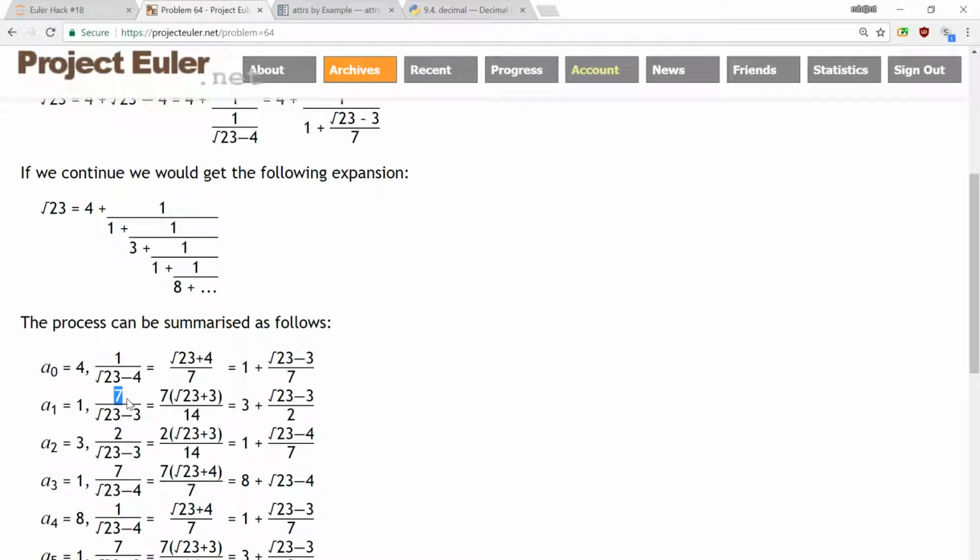So this is 1 minus 16. No, not 1, it's the big N. It's 23, the bigger n, like the current number. The current number minus d square divided by the previous small n.